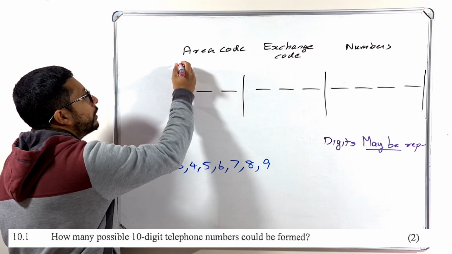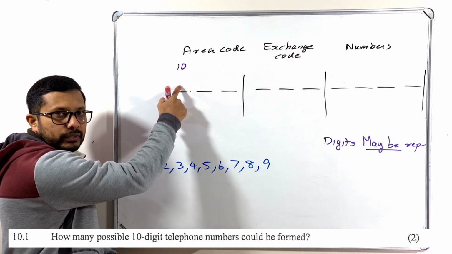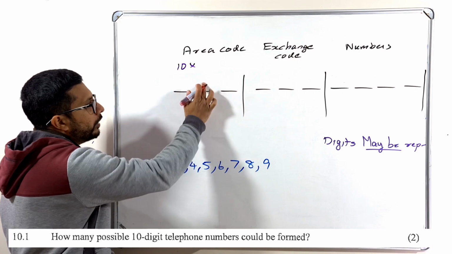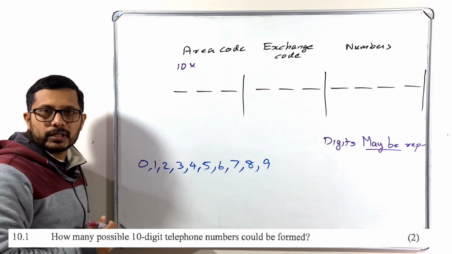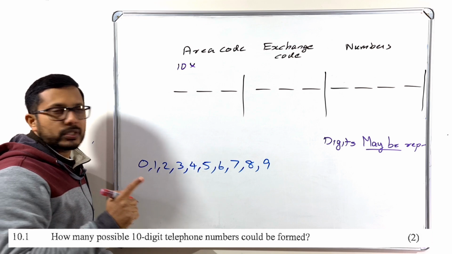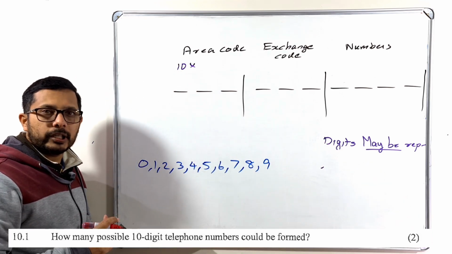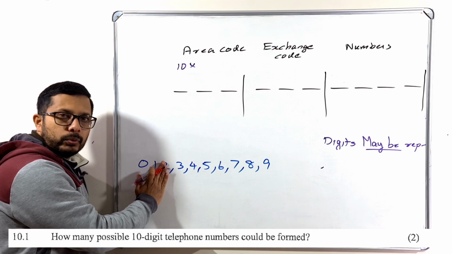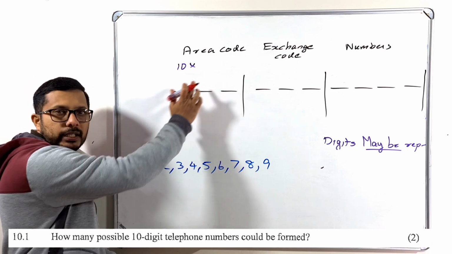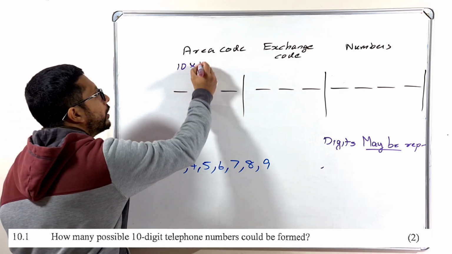So I have 10 options for this one to be filled. Then for the second one to be filled, how many options do I have? It's not 9. Why? Because digits may be repeated. If I take 2, I'm allowed to take 2 again here. So there also I have 10 options.